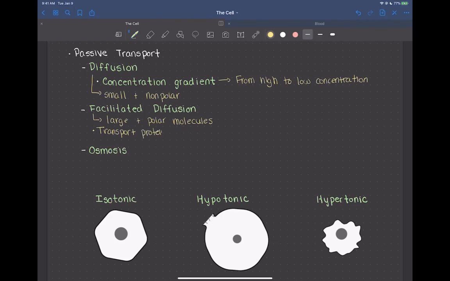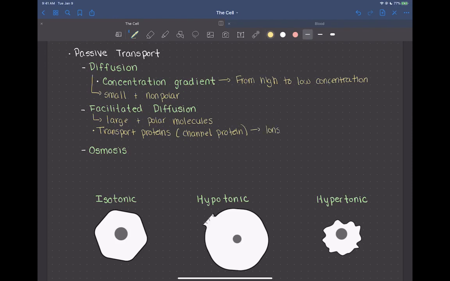All right, and we talked about membrane proteins before, and so the transport protein that would be involved here for facilitated diffusion would be channel proteins. Remember, they just form like a tube through the membrane, allowing things to move as they want to through. So things through that channel could go from high concentration to low concentration just through basically an open tube in the membrane. Some examples of this would be ions.